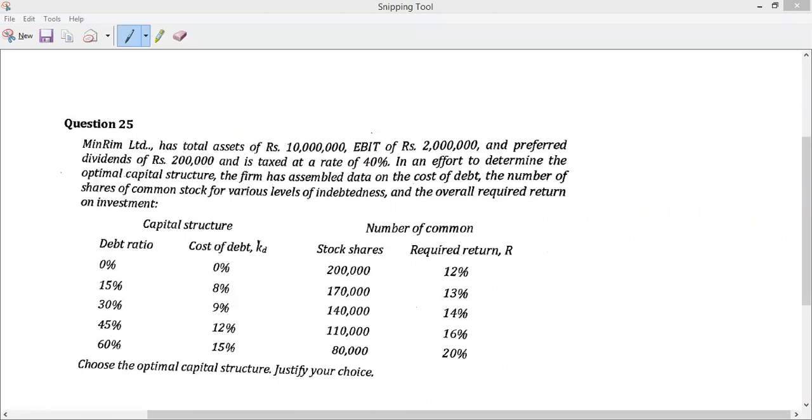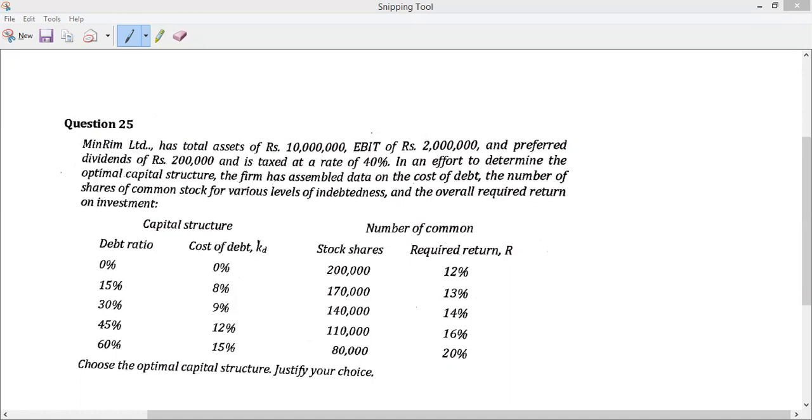Dheeraj, Shruti here. Sorry, who was talking? Please go on. No issue. Actually, you clarify your doubt. For some reason, I'm not able to connect to the concept today. Where the value of the firm we used to calculate by EBIT by WACC, right?